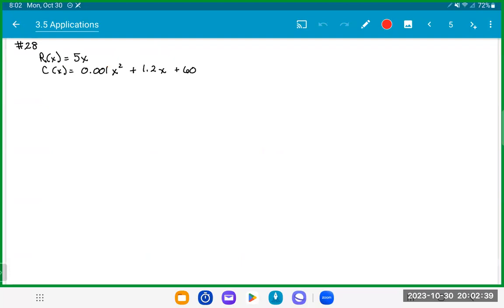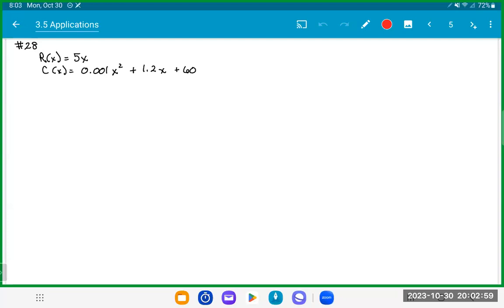Okay, one more example. This is number 28 out of your textbook. This one, we're looking at maximizing profits, and we want to find the maximum profit and the number of units that must be produced and sold in order to achieve that profit.